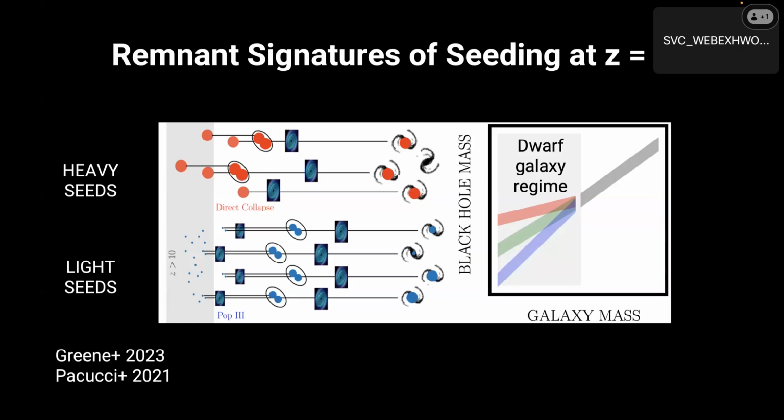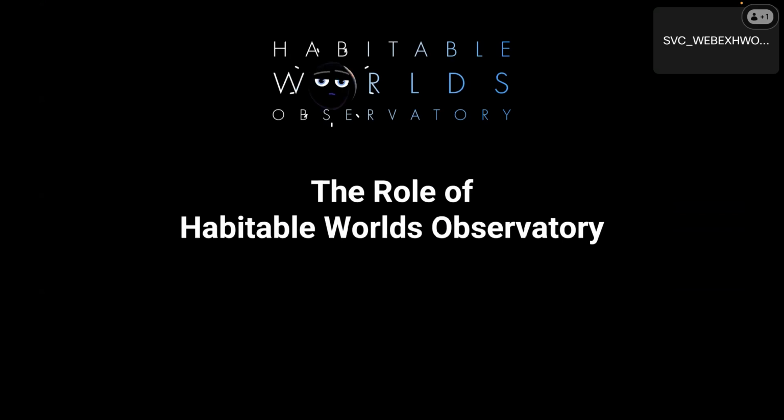This is because dwarf galaxies don't have a significant merger history, so they retain, down to low redshift, some signatures of seeding. Several studies show that if black holes are significantly overmassive in local dwarf galaxies, they could have been seeded with heavy seeds, or in the other case, if they are significantly undermassive, they could have been seeded as light seeds.